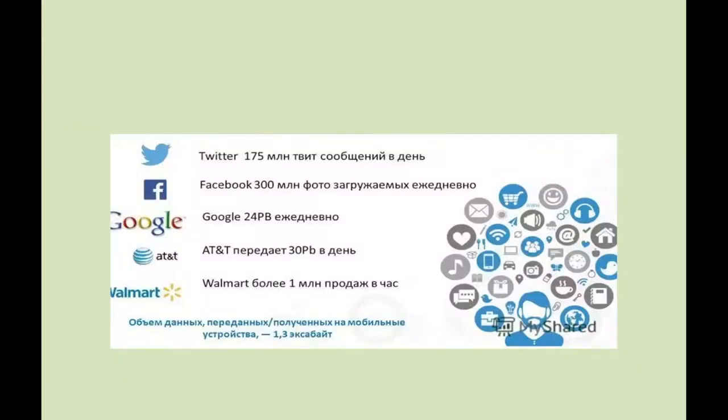In this slide, you can also see the example which I told you about previously. It is the Twitter system, and the internet space gives us information about 175 million messages happening in one day. Facebook gets 300 million photos downloaded every day.